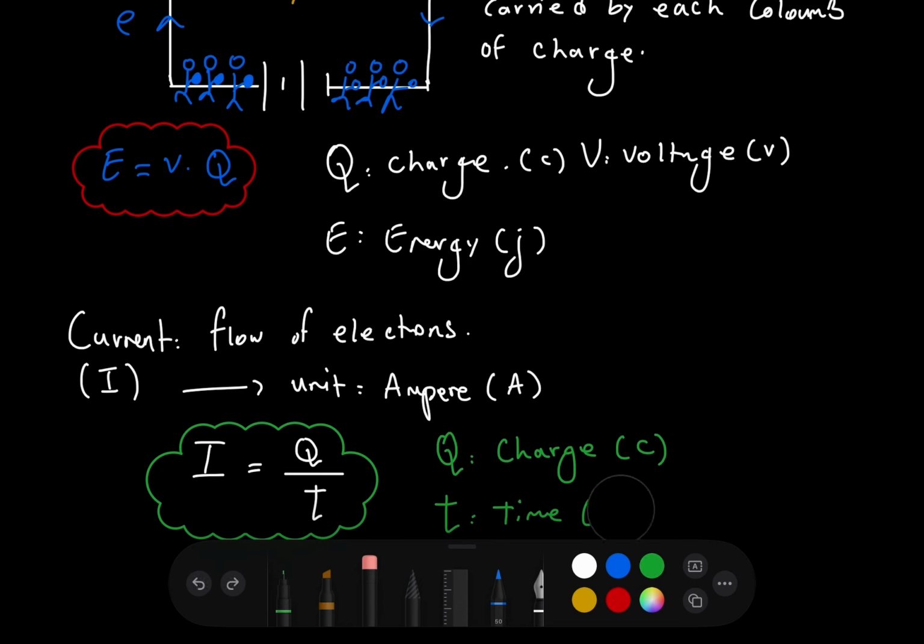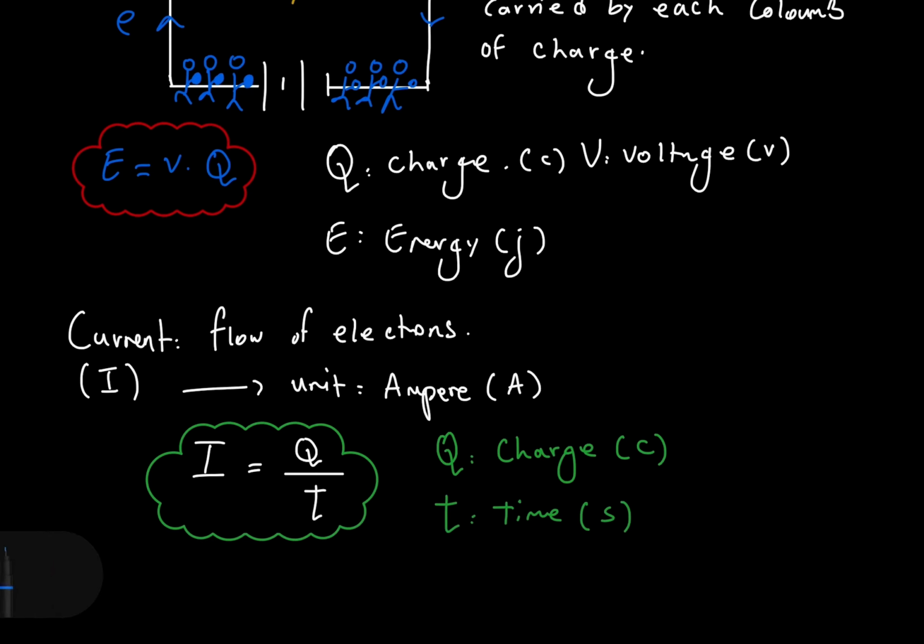So another unit for electrical current is coulombs per second. 1 ampere is equal to 1 coulomb per second.